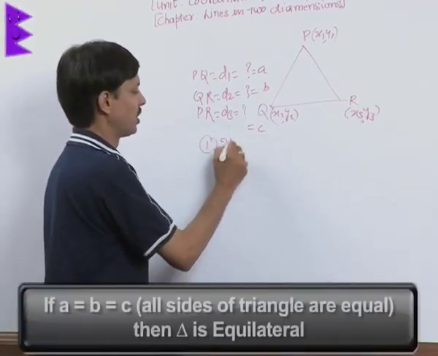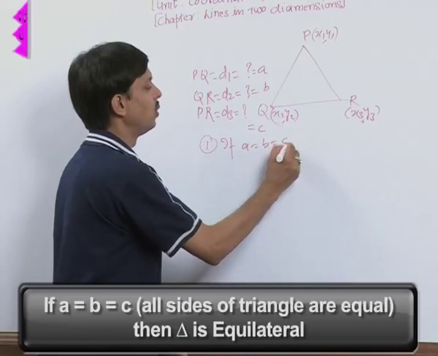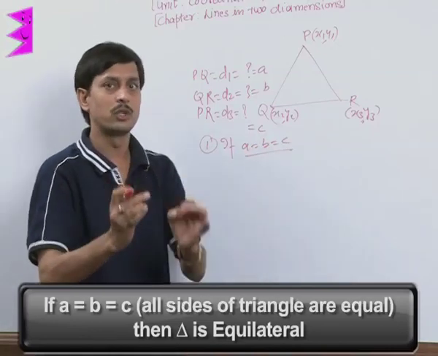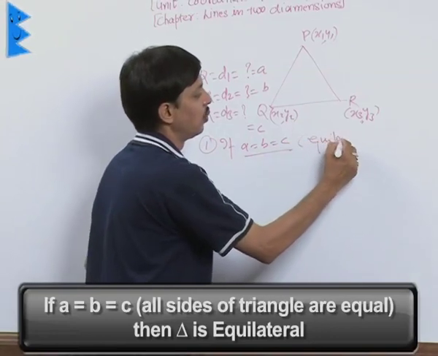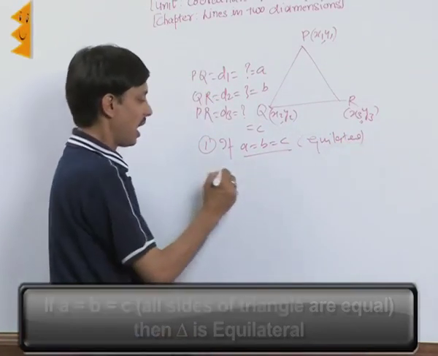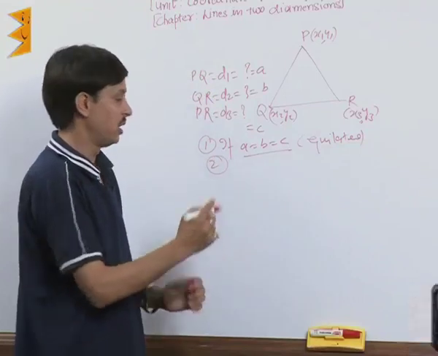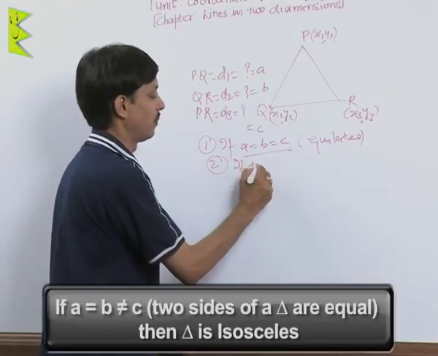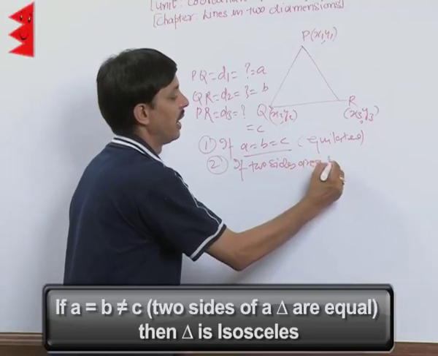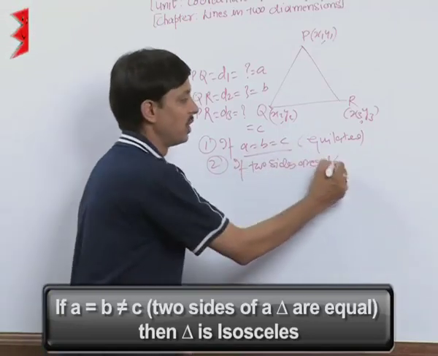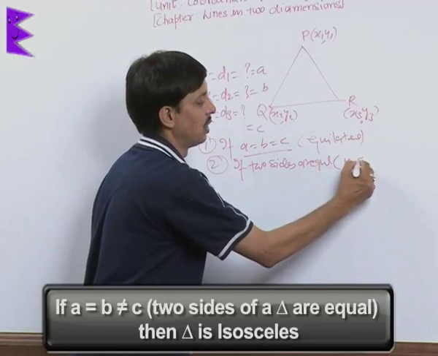Now the question is, how do we decide the nature of the triangle? The first situation: if A is equal to B is equal to C, it means all sides of the triangle are equal. We will say the triangle is equilateral. In the second situation, if two sides are equal and the third is unequal, we will say the triangle is isosceles.